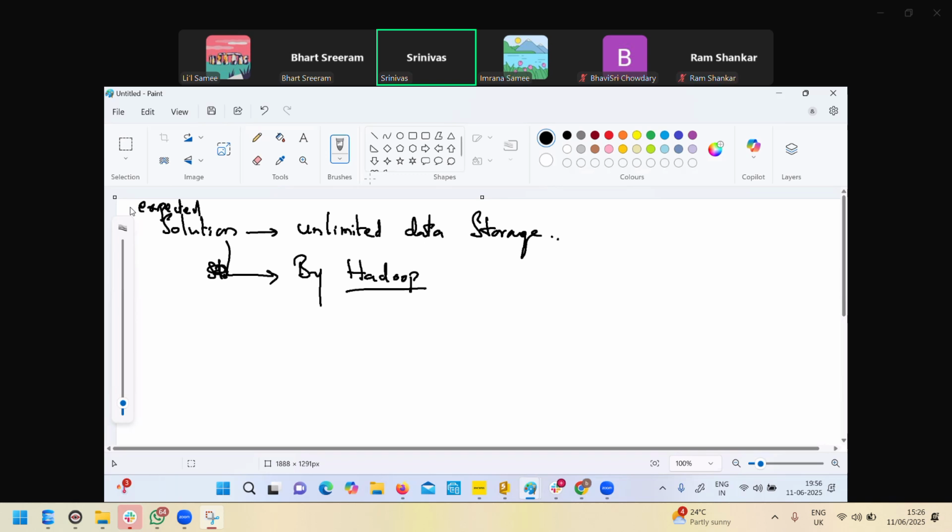Hadoop. Sir, how do we pronounce that? Hadoop. Okay. HDFS. This is for unlimited storage. It has two layers.